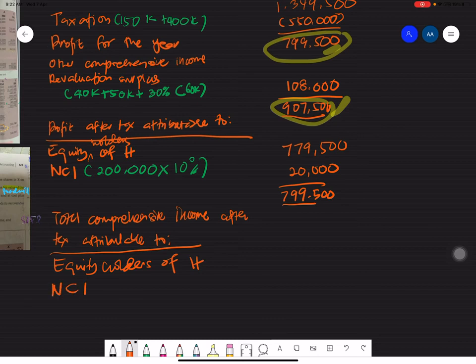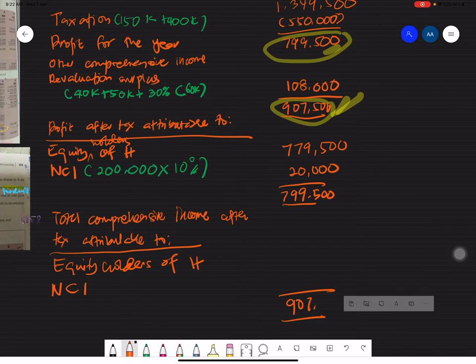next, and non-controlling interest. So as usual, you take this one, 907,500, which includes the OCI figure.